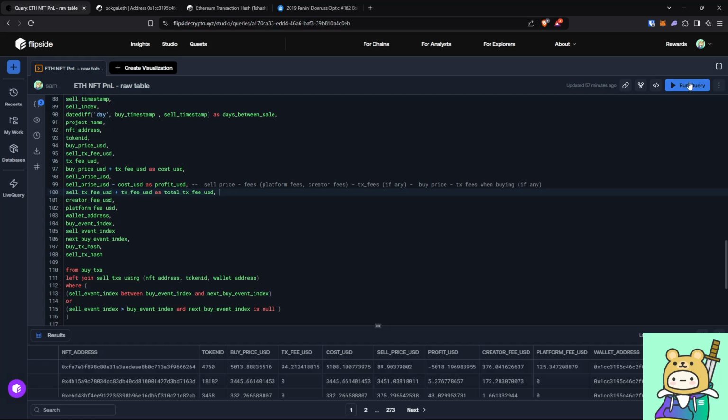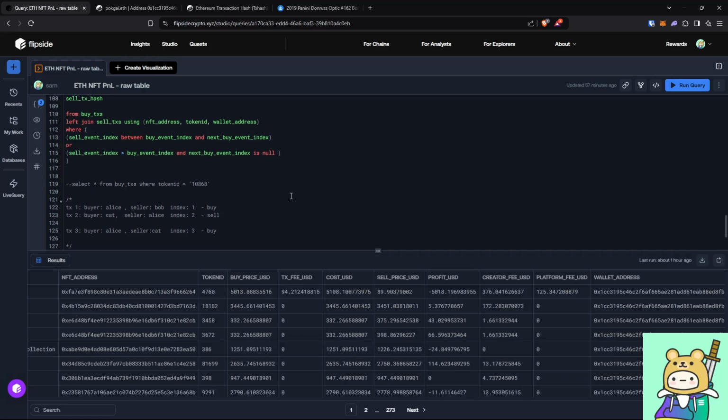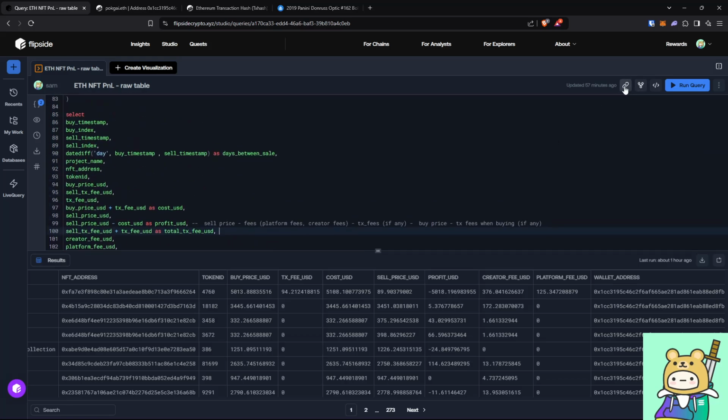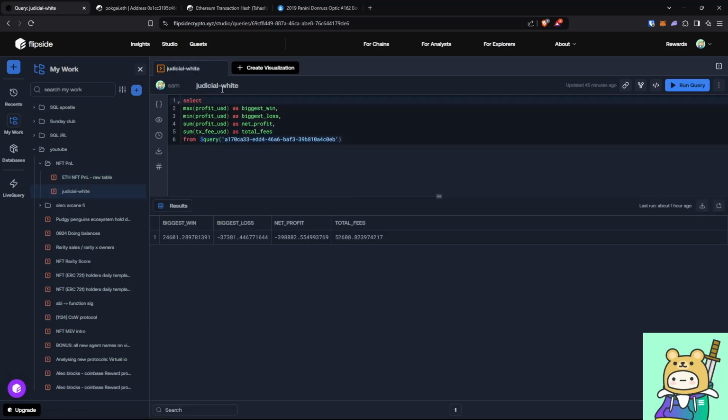And I can of course run the query, but before I leave, I wanna show you this copy query reference. So click on copy query reference, and you can make a new table. I just made one here, right?